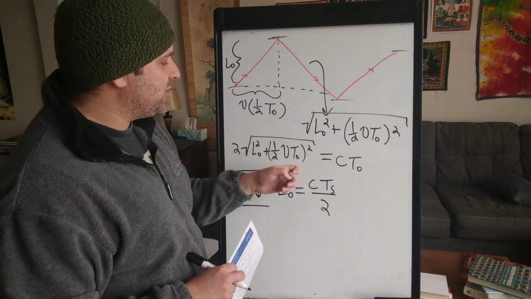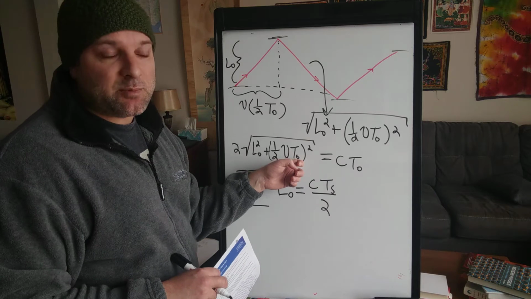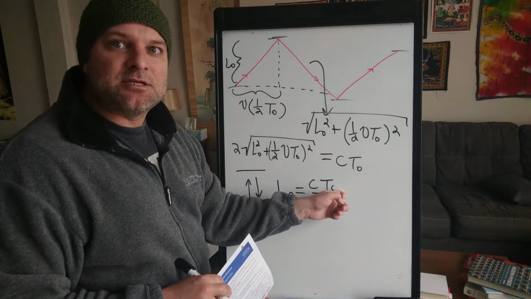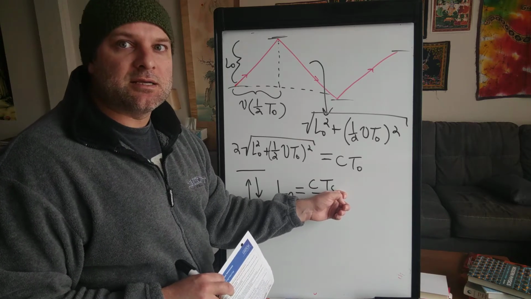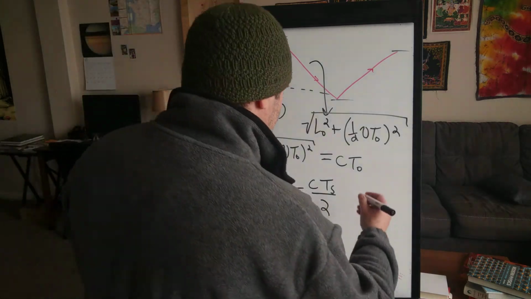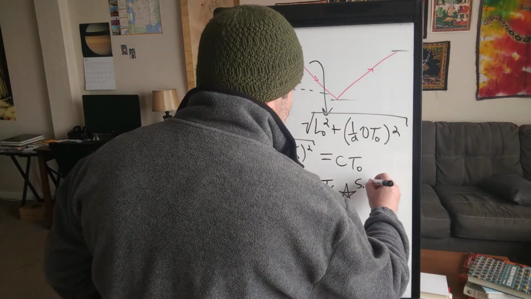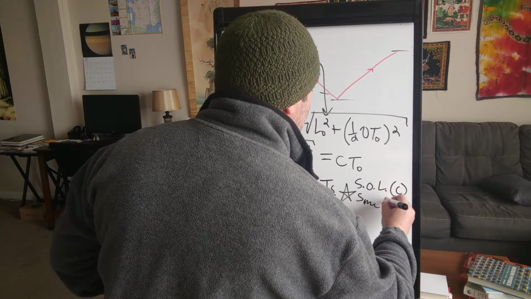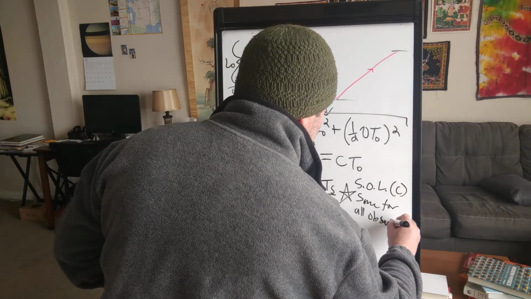In this formula, we use T0, the observer's opinion about how their own clock is ticking, and this TS, the stationary observer's opinion about how the moving clock is ticking. And the reason we can use both of these equations to mean the same thing is that, and I'm going to put a star because this is really important, the speed of light, c, of course, is the same for all observers.